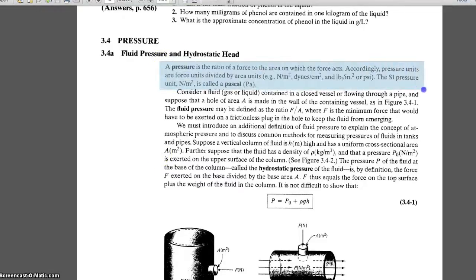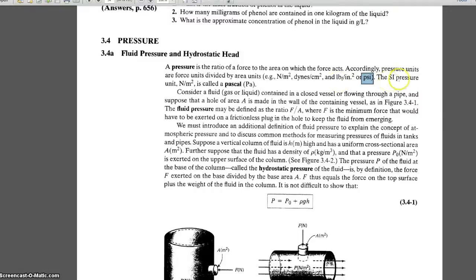That's the definition of pressure: the ratio of force to the area on which the force acts. So force over area means Newton over meter squared, or dyne over centimeter squared, and pound force over inch squared, which in the end they call PSI or Pascal.